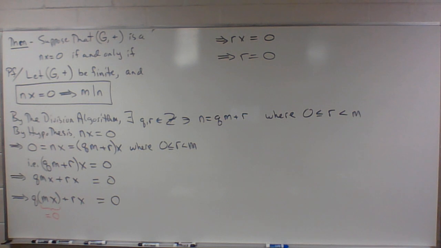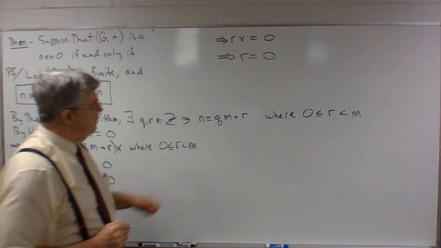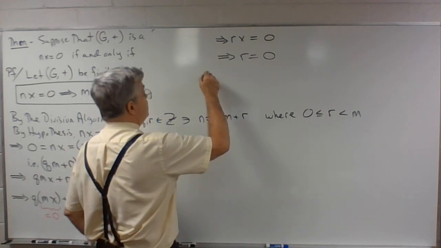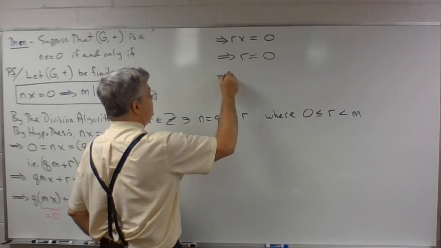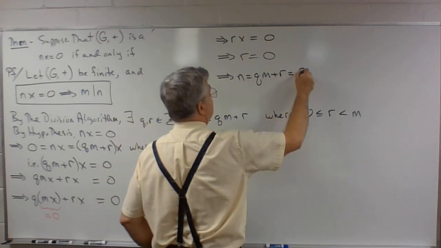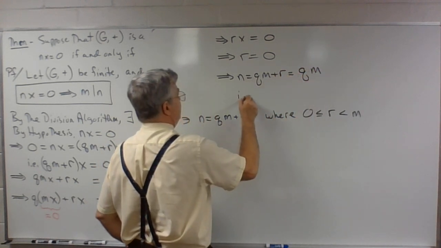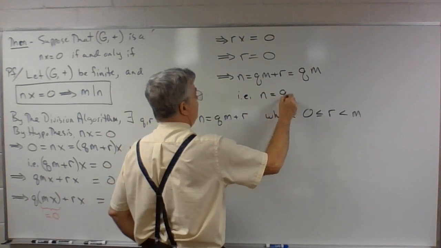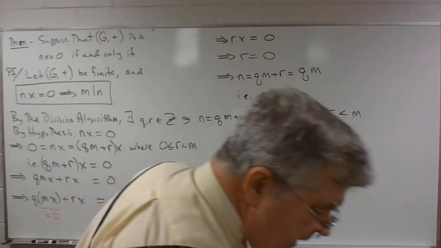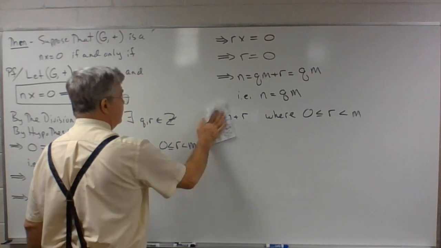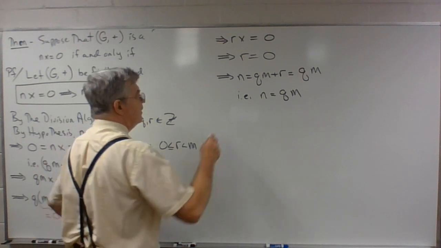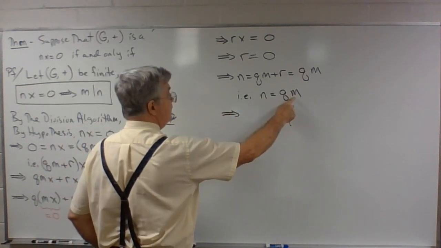So where does that take us? Well, n is equal to qm plus r, but r is 0. And what does that tell us? I think that's pretty significant. Well, let's see.